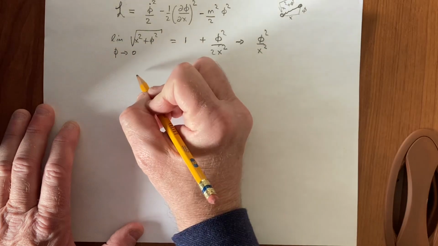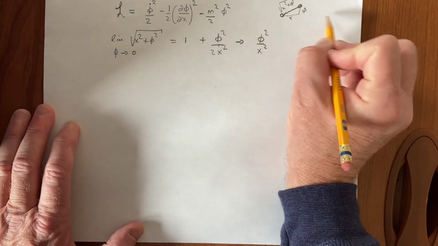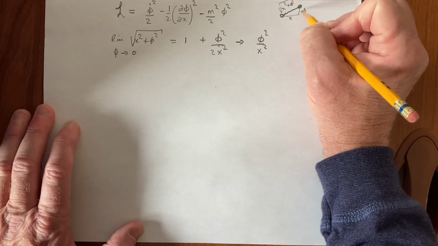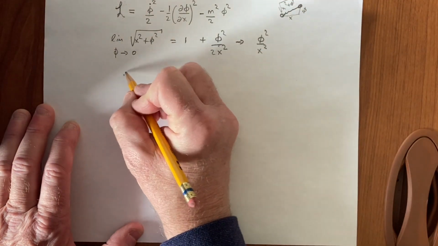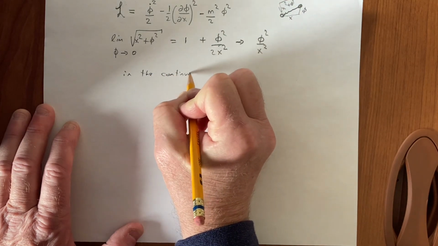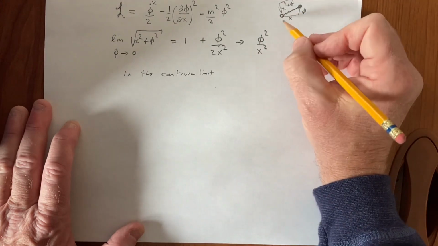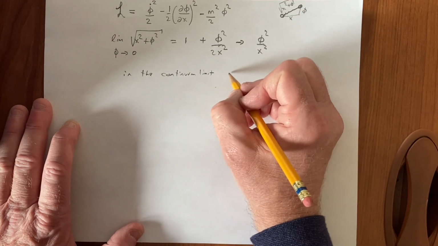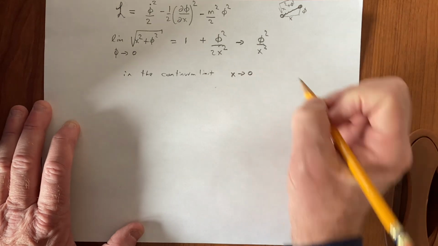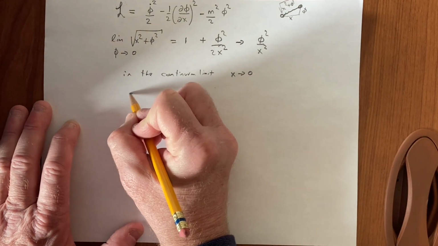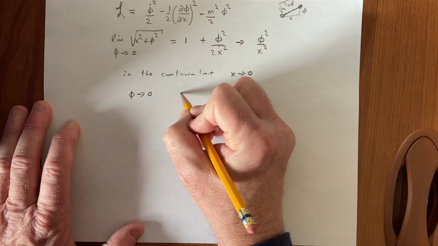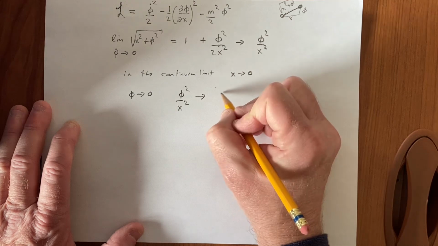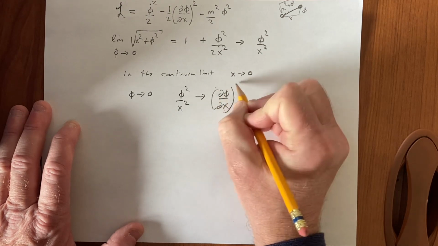And the way to do this is to think of, in the continuum limit, we're making both the distance in the horizontal direction go to 0, and we want small little displacements in the vertical, the φ direction. So in the continuum limit, we have a collection of coupled simple harmonic oscillators, which means that x is going to 0, but φ also goes to 0, and so φ²/x² looks like (dφ/dx)².